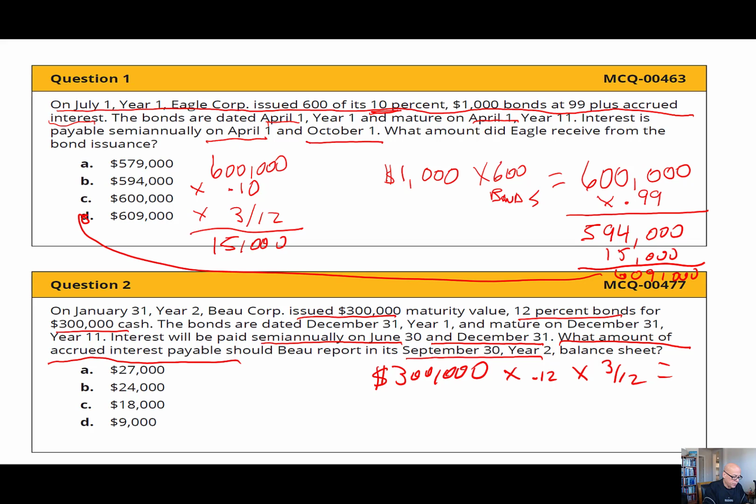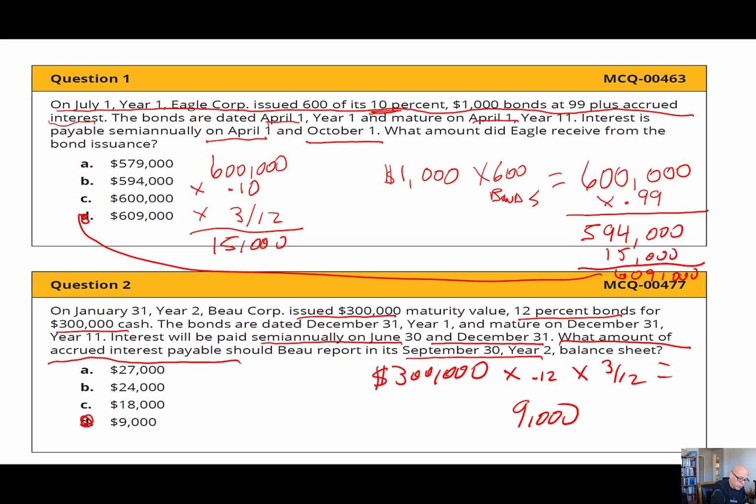When I do these, I take the 300,000 times the 0.12. Okay, that gives me that number. I hit equals, and then I multiply that times 3. I hit equal, and I divide by 12. You may have a fancier way of doing it. That's okay. I get 9,000 here. All right. Good. That's for those 3 months.